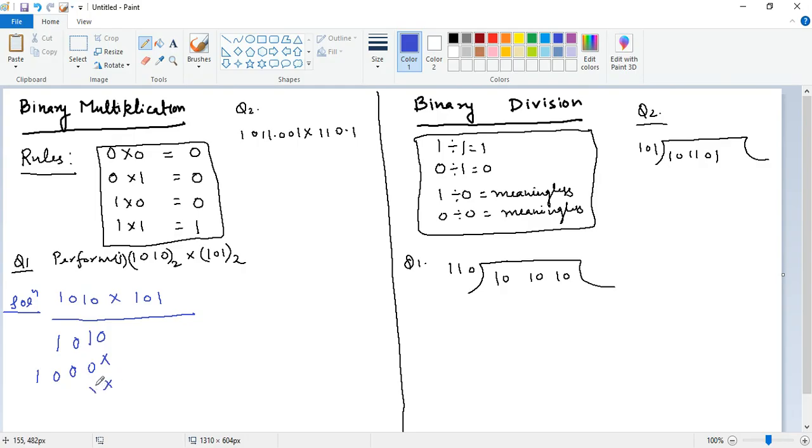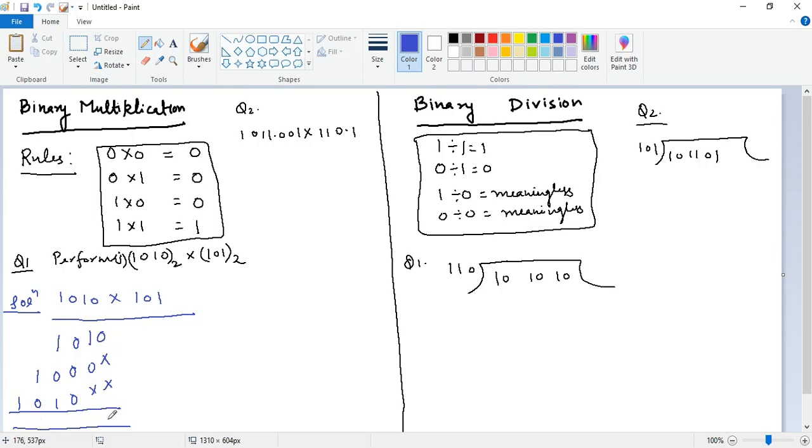Next digit will be 1 into 0, 0, 1 into 1, 1, 1 into 0, 0, and 1 into 1, 1. Right? Now we have to add all these digits as we do in decimal multiplication to get the final sum.